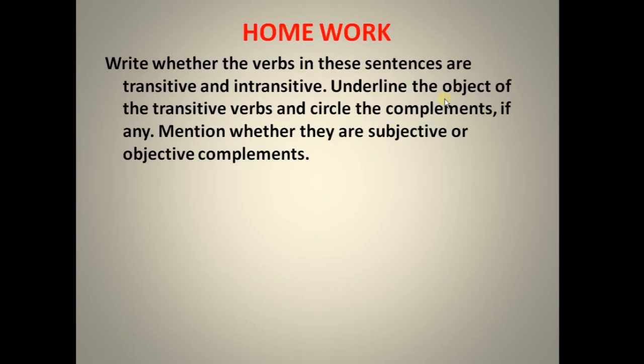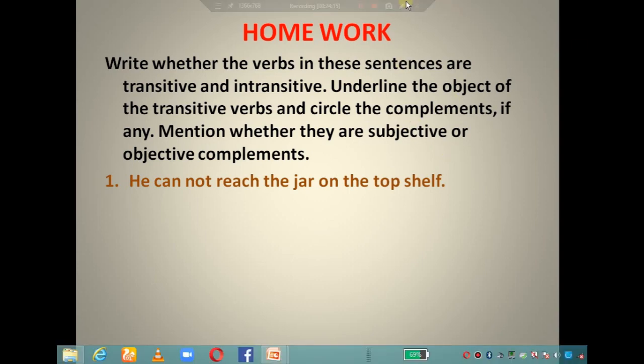Now again the same exercise you have to do as homework. Identify whether the verb is transitive or intransitive, then underline the object and circle the complement, and mention whether they are subjective or objective. He cannot reach the jar on the top shelf. Now students, keep in mind: first of all you have to identify the verb.